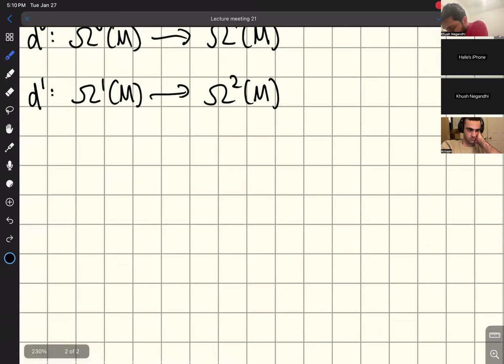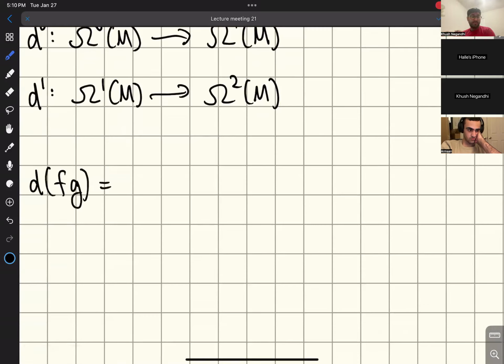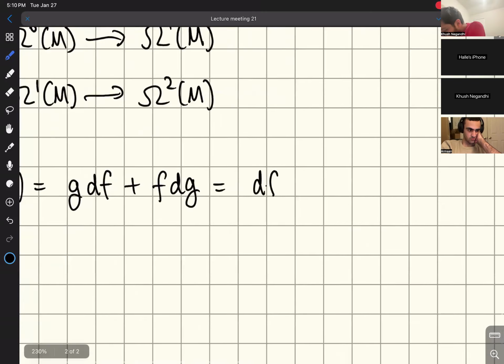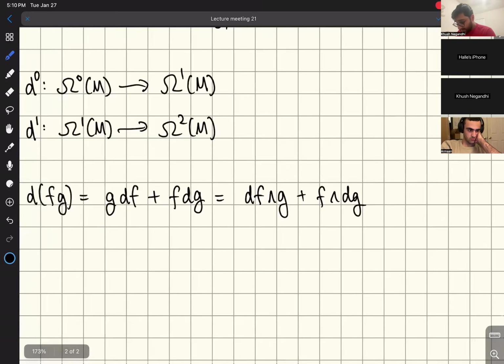And if I take the product of two functions and find its derivative, all I get is g times the derivative of f plus f times the derivative of g. In other words, written in form language, I get df wedge g plus f wedge dg. This is one of the most important properties of the derivative, that it satisfies the Leibniz rule.